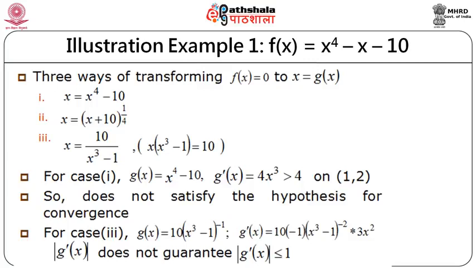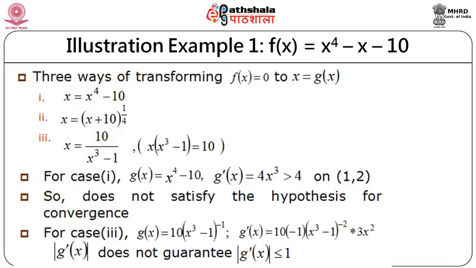Let us look at the second one, and that is x is equal to x plus 10 raised to 1 by 4. We take the derivative, 1 by 4 into x plus 10 raised to minus 3 by 4, and when we substitute the values, this expression also does not remain less than 1 numerically.